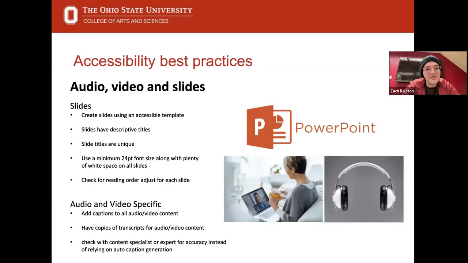This includes brief information and best practices about audio, video, and slides. When it comes to PowerPoint slides or the Google equivalent, I'm not sure off the top of my head what that is, but essentially you want to create any slides using accessible templates. The slides themselves have to have descriptive titles, and the titles have to be unique.